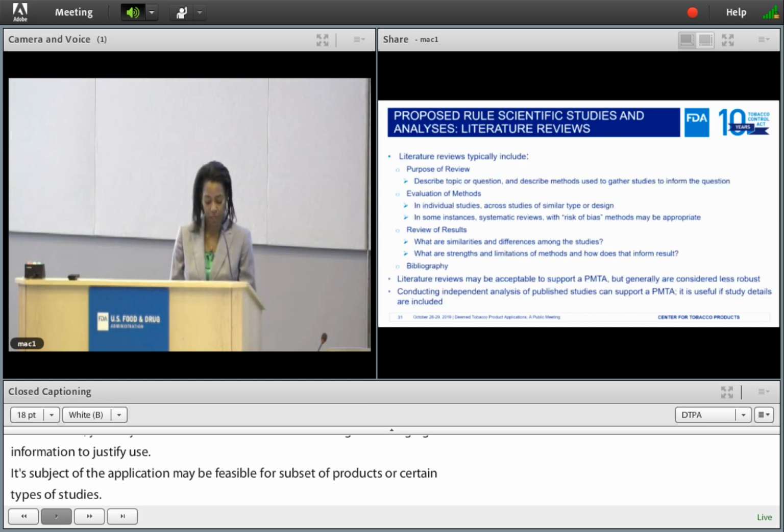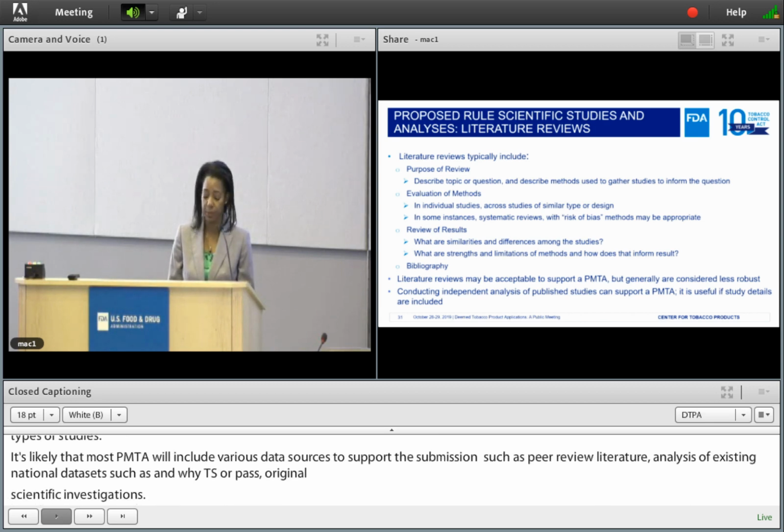Literature reviews are a likely component of PMTAs, as I just mentioned, and literature reviews typically include the purpose of the review, the evaluation of methods, the review of results, bibliography, and conducting independent analysis of published studies that include study details can also support a PMTA.